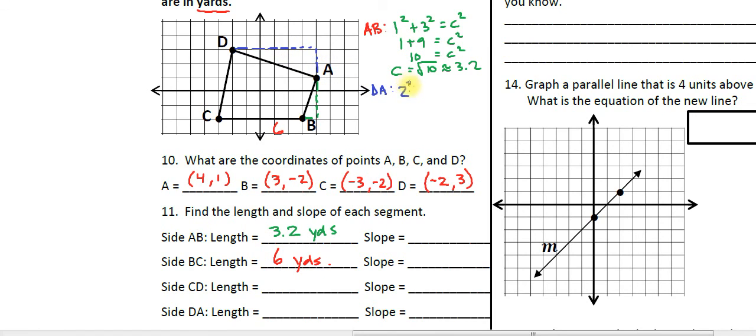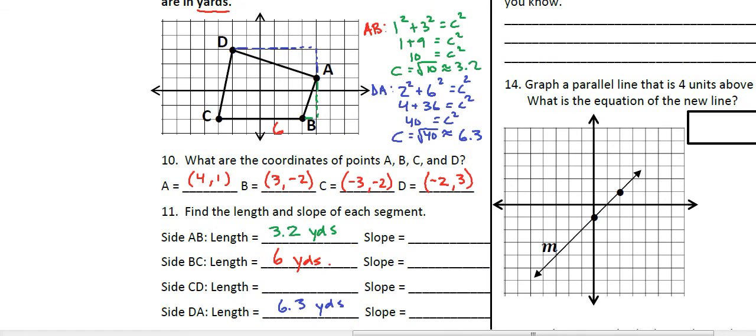It's going to be 2 squared plus 1, 2, 3, 4, 5, 6, plus 6 squared equals c squared, and that's going to be 4 plus 36 equals c squared. 4 plus 36 is 40, so that means c is equal to the square root of 40, which is approximately 6.3. So DA is approximately 6.3 yards.